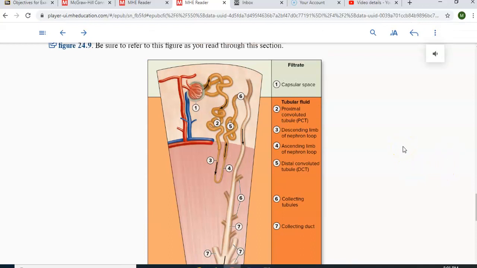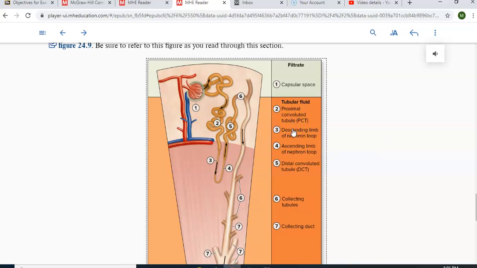So in the capsular space, this is where the first fluid is formed from the filtering of the blood. So it's called the filtrate in the capsular space. When it gets into the tubules, we start calling it tubular fluid. And it's going to go through the proximal convoluted tubule first.